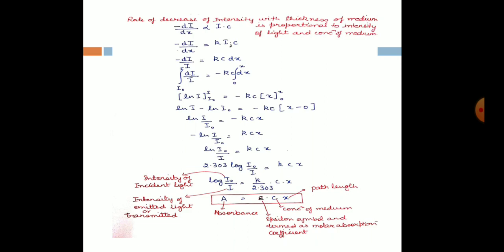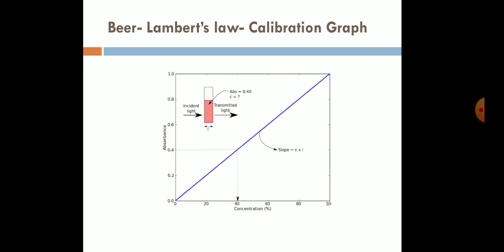Higher the concentration, higher will be the absorption of light, or higher will be the absorbance of the solution. So now we can see this graph. This graph is called the calibration graph, and a simple Lambert-Beer's law graph. Here the absorbance is plotted against concentration. So we get a linear graph, and this linear graph is telling us that as the concentration increases, the absorbance value increases.